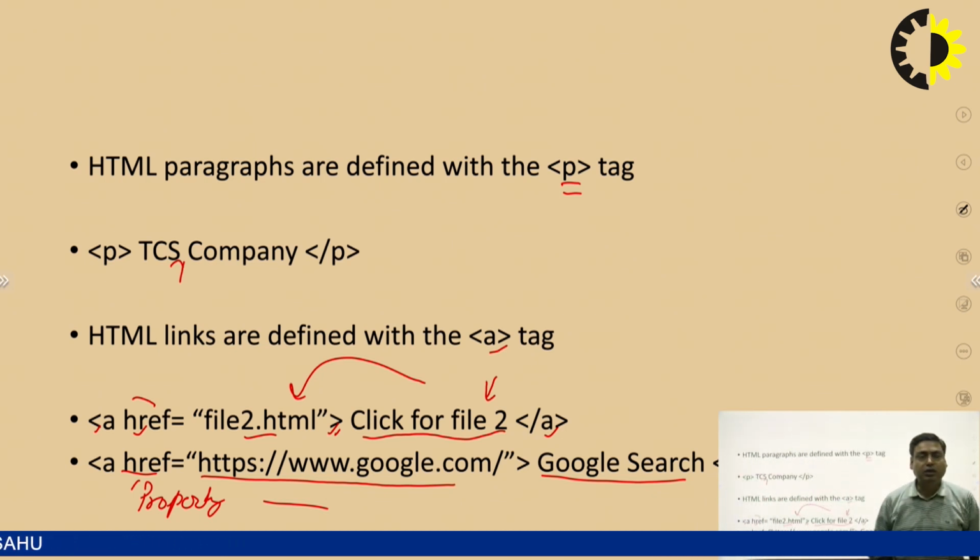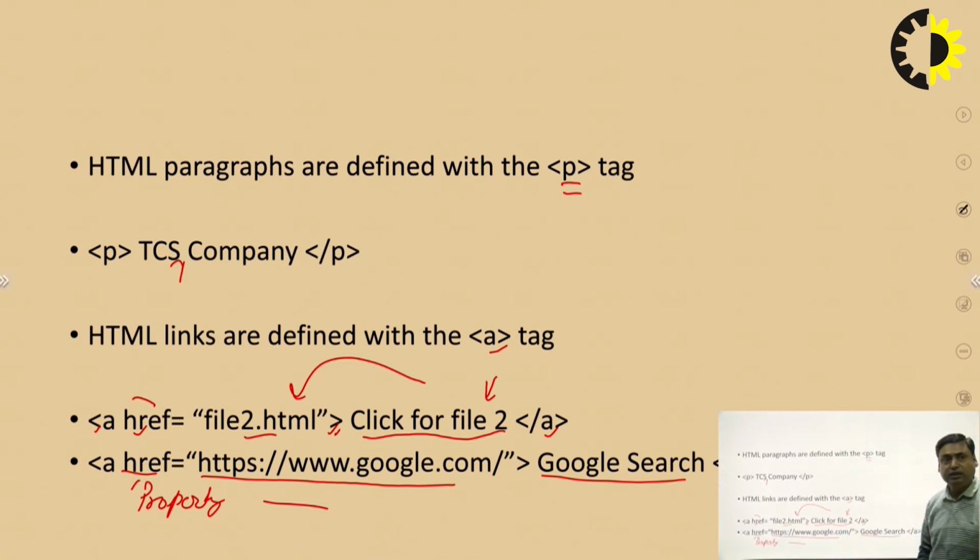But sometimes you want to display the text as it is, with the spaces within the text also, like when you want to display program code. Then it becomes very difficult to display the program code with the help of the P tag, because it will reduce the extra spaces, and in program code we need extra spaces to understand the code properly. So in that case we can use the pre tag.